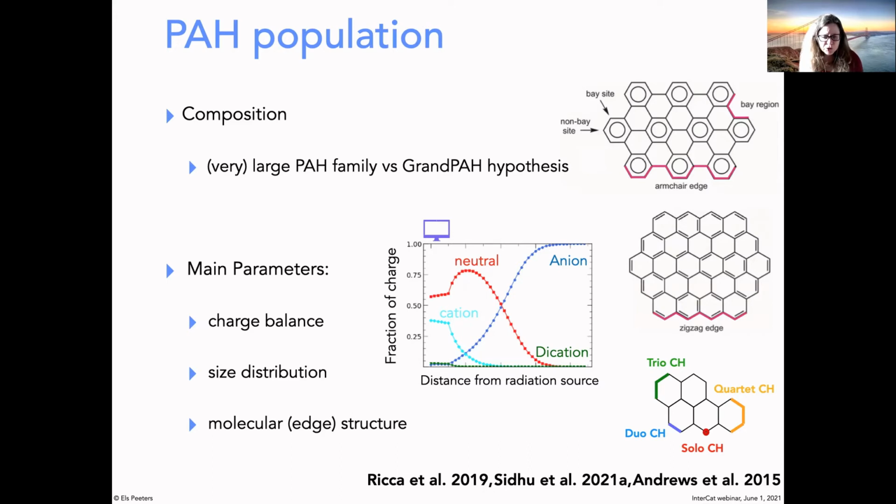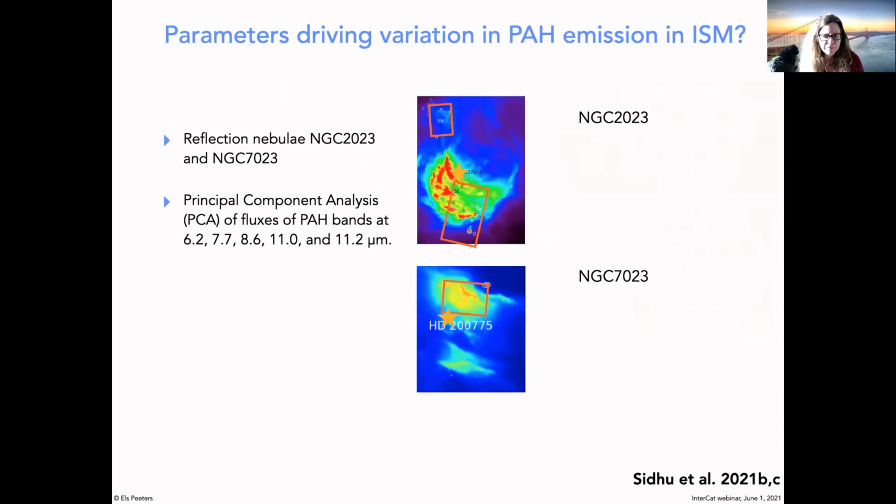I'm going to show you a few examples of how we can characterize or derive something about the PAH population from observations. The first thing I would like to show is infrared spectra of two reflection nebulae. On the top you have NGC 2023 and NGC 7023 is on the bottom. These are my two favorite sources for this talk.